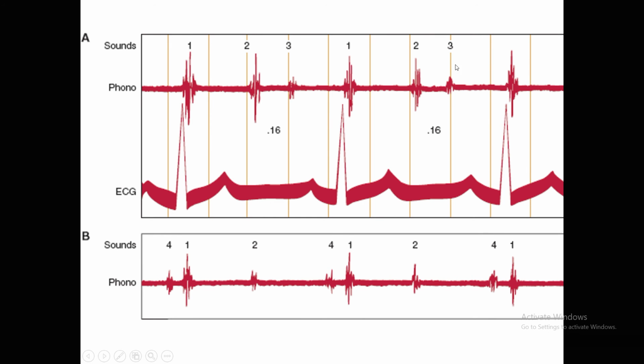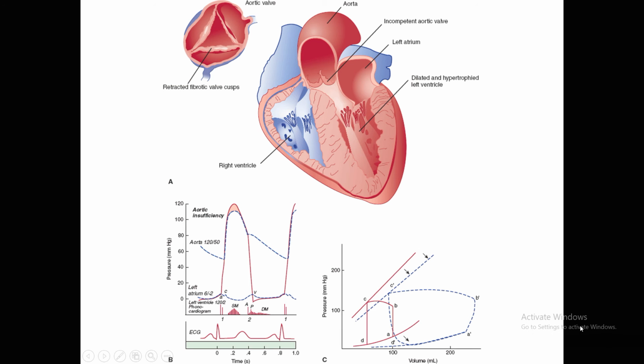A third heart sound is also often present. It is due to early increase of the diastolic filling, or later to heart failure, especially to diastolic dysfunction. Because of the significant hypertrophy of the left ventricle, let me remind you, it is eccentric, the apical impulse is displaced laterally to the left.